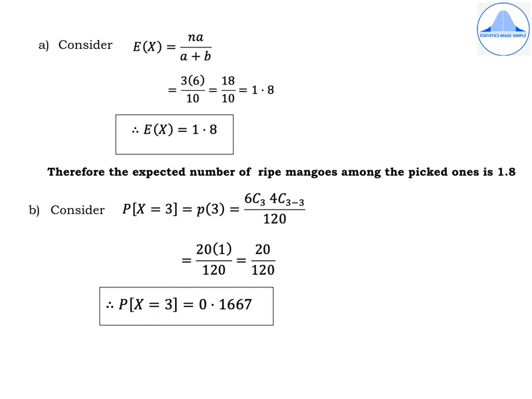In the PMF, wherever you have x, replace it by 3. So you'll get 6 C 3 times 4 C 3 minus 3 divided by 120, which is equal to 6 C 3 is 20 and 4 C 0 will be 1, divided by 120, or 20 by 120. So the probability of x equal to 3 is 0.1667.